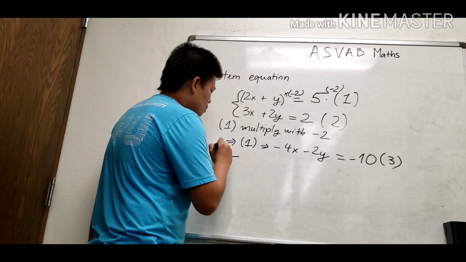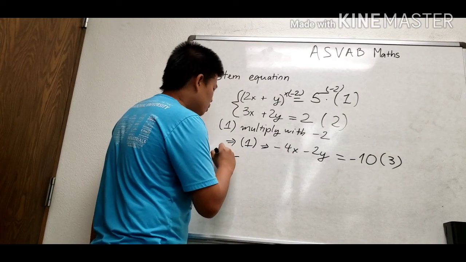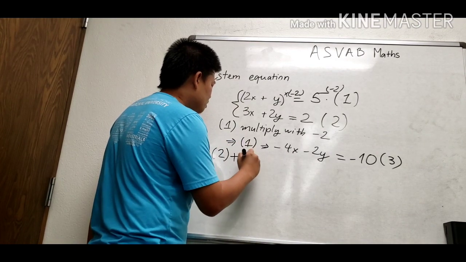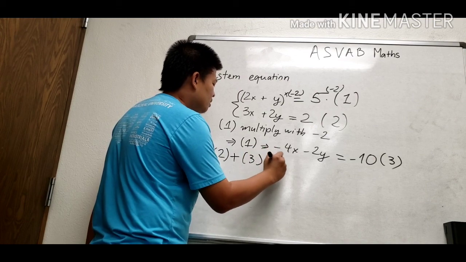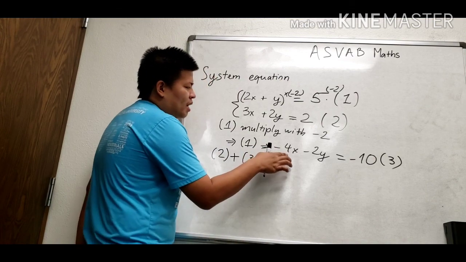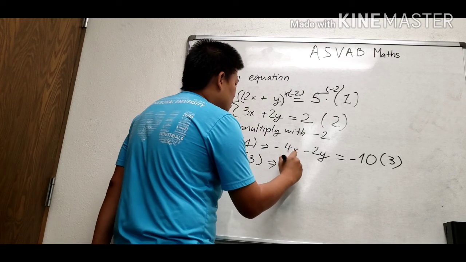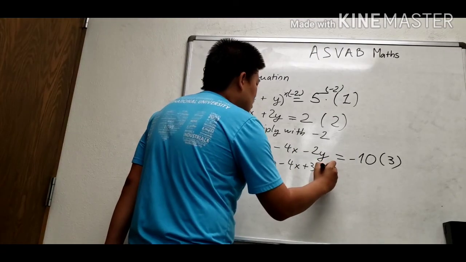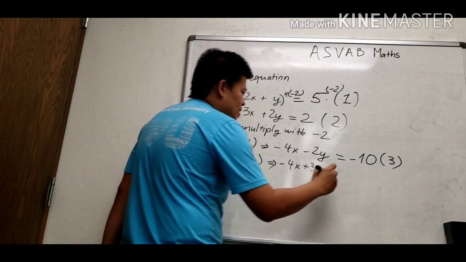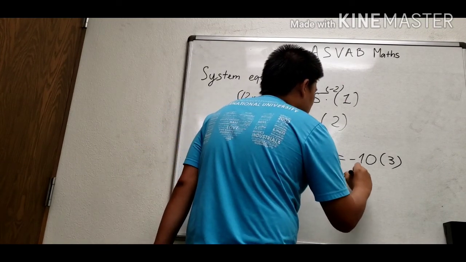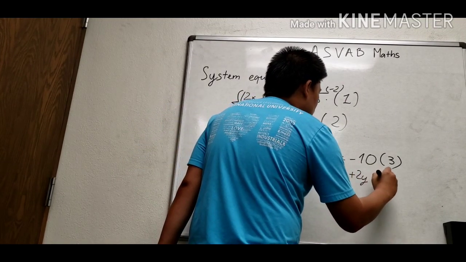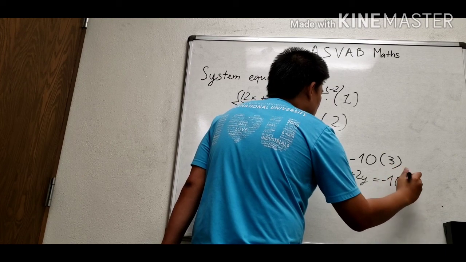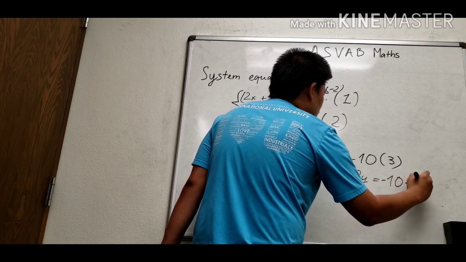After that, we add equation number 2 plus equation number 3: -4x plus 3x, -2y plus 2y, equal to -10 plus 2.